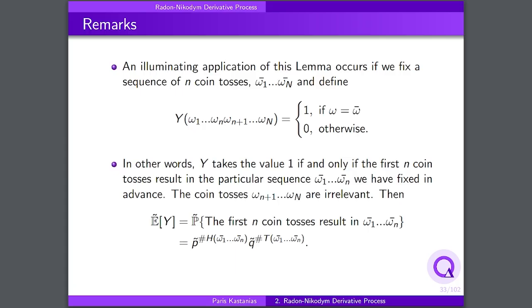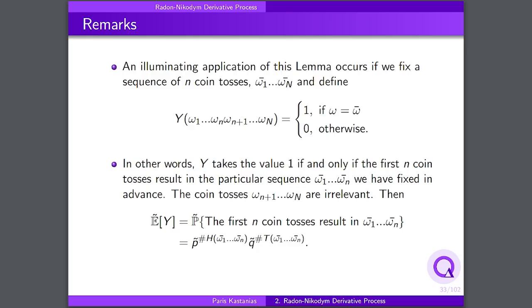An application of this lemma occurs if we fix a series of coin tosses omega bar and then define Y to be 1 if omega equals omega bar and 0 otherwise. So in other words, Y is going to take the value 1 if the first n coin tosses result in a particular sequence. The rest of the coin tosses are irrelevant.